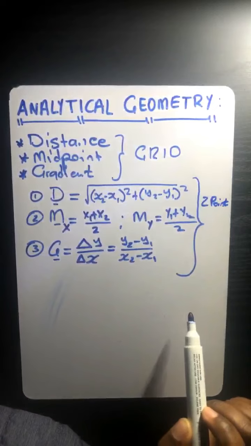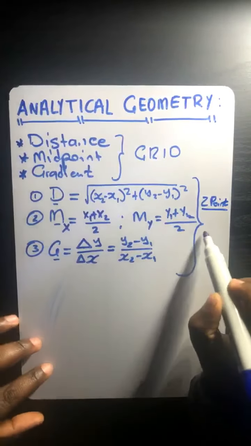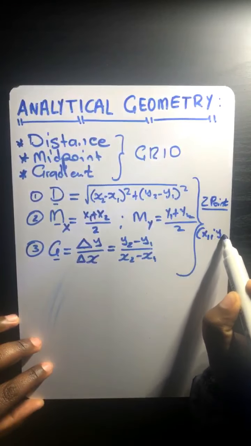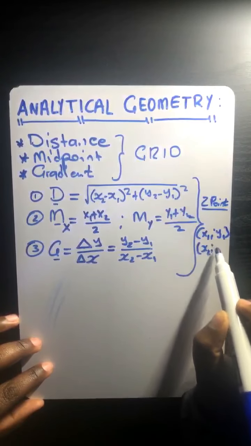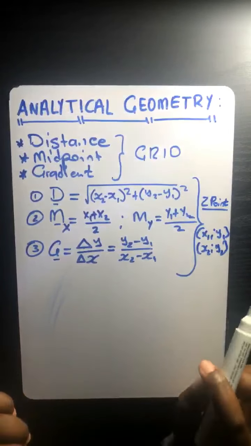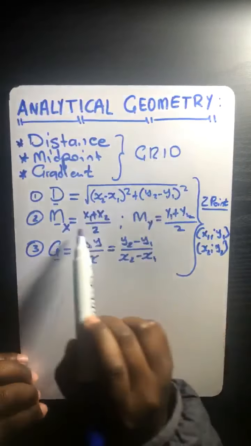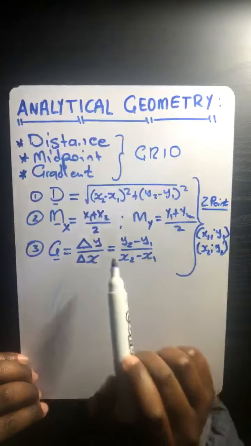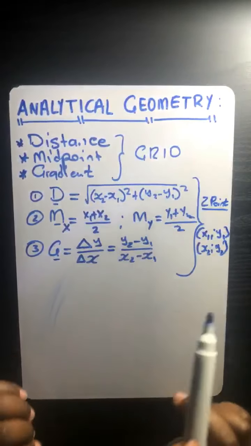What are the 2 points? You will need x1 and its corresponding y1, and also x2 and its corresponding y2. These are the 2 points that I'm talking about.